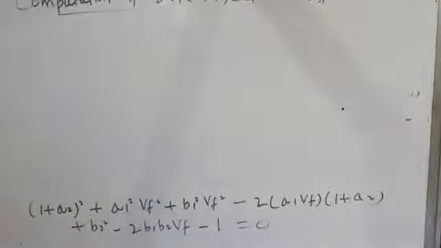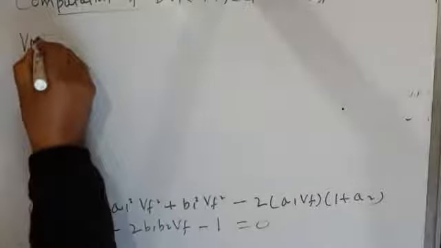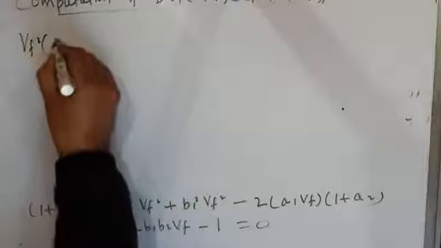So further simplification will give, let me take VF square out. So I will get VF square, and what is inside? A1 square plus B1 square.